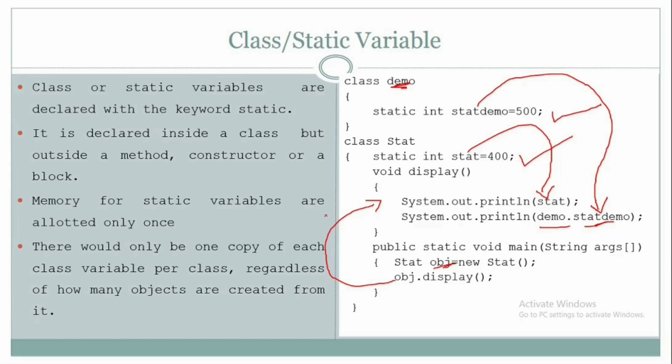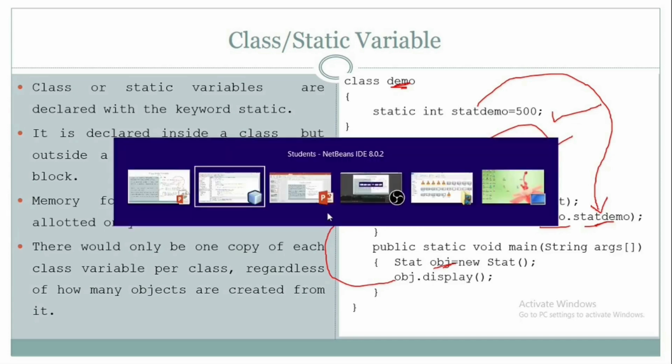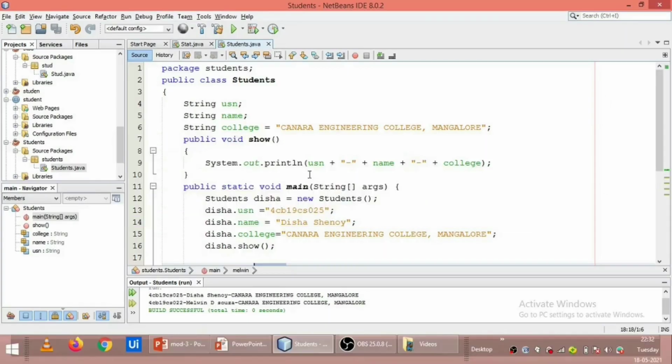Now let's understand the static variable with one more example. Let me go to NetBeans. As you can see here, I have not used any static variable, so this program is without a static variable.